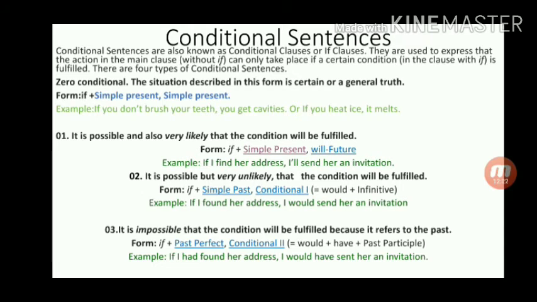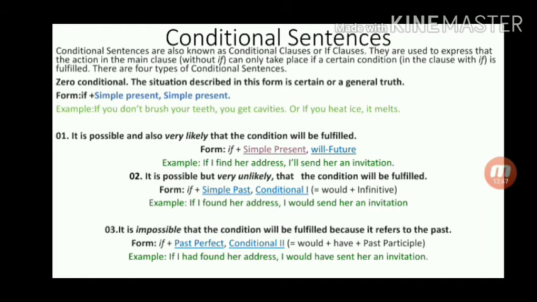The third conditional is used to imagine a different past, a past that is different from reality. You imagine a change in a past situation and the different result of that change.